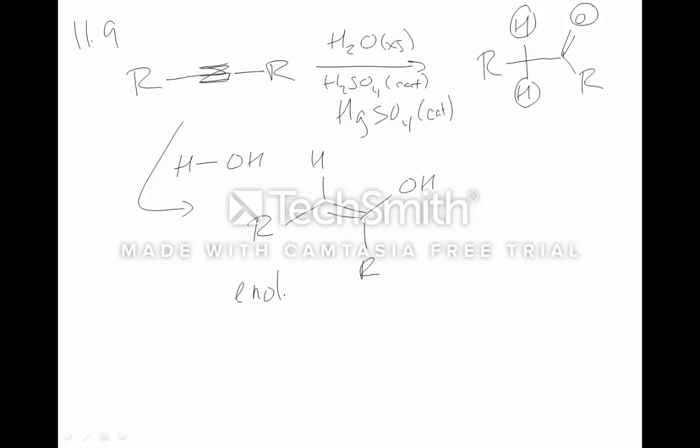Really important intermediate. We're going to talk about this a whole lot more in the course, both courses, Organic 1 and 2. But enols are a very special isomer. Keto-enol tautomerization is what it's called. Tautomerization is the back and forth.